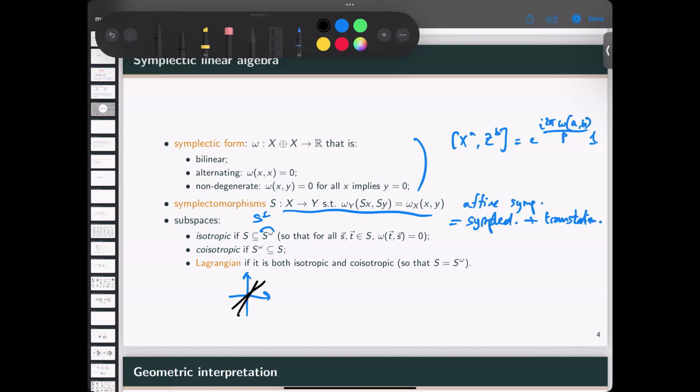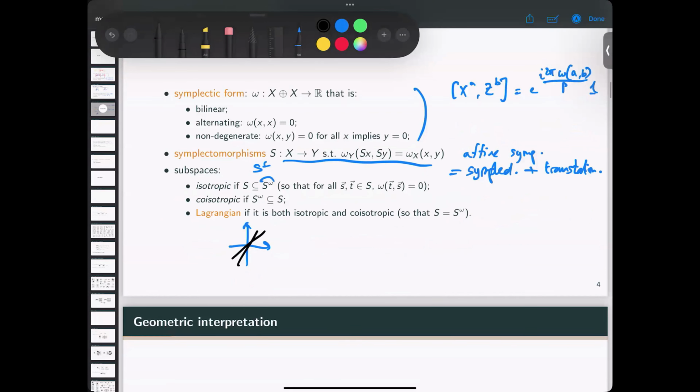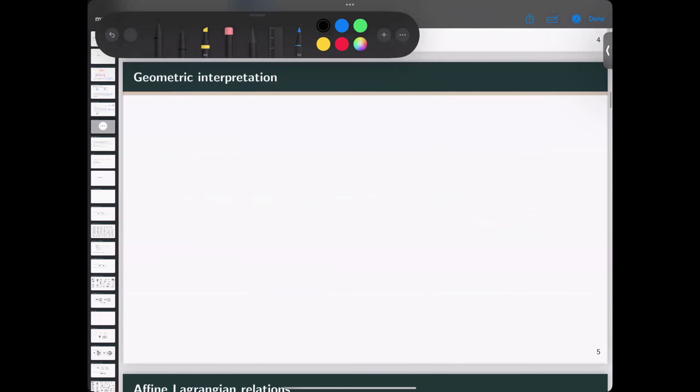And I can't picture two-dimensional subspaces of a four-dimensional space, which is what Lagrangian subspaces would be like. If you can, then I'm a bit jealous, but I can't give you a nice picture for this. I forgot to make this slide.